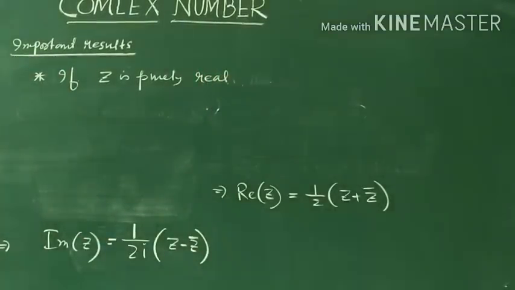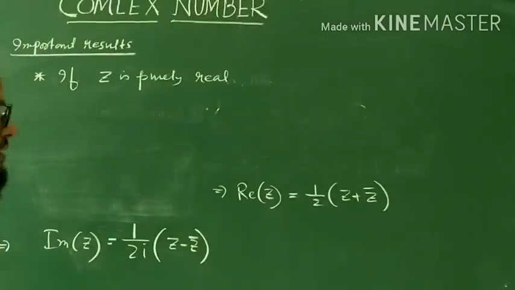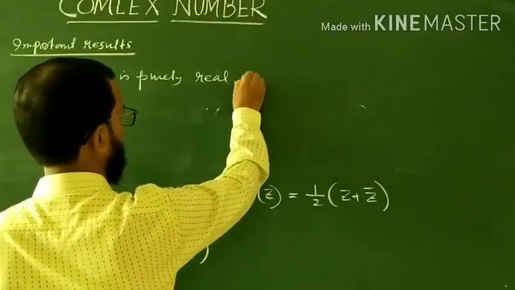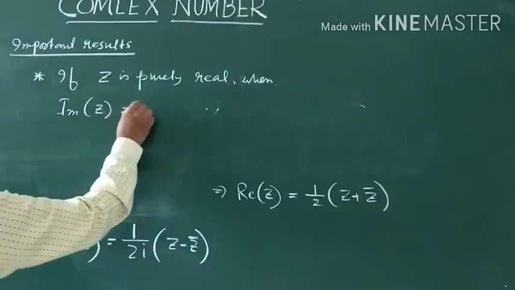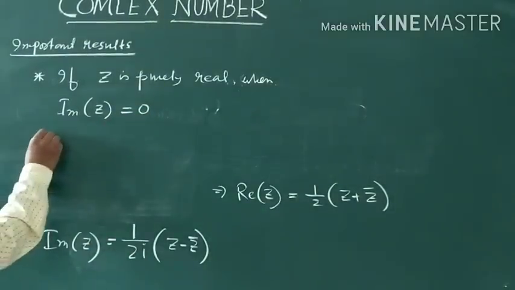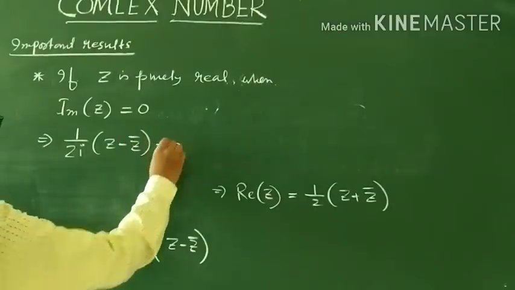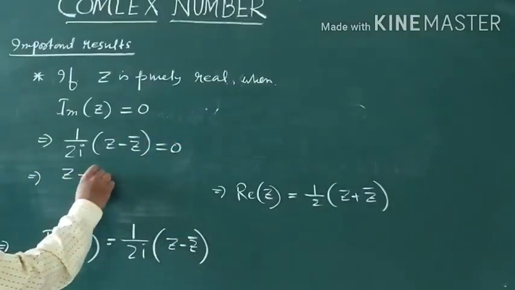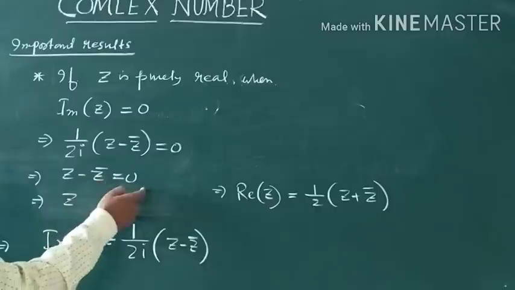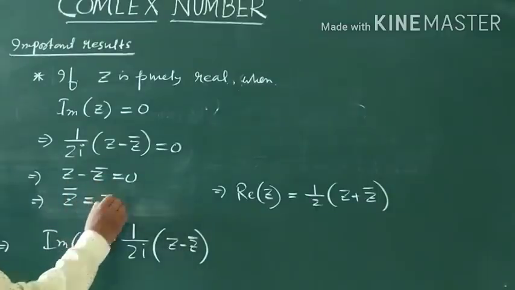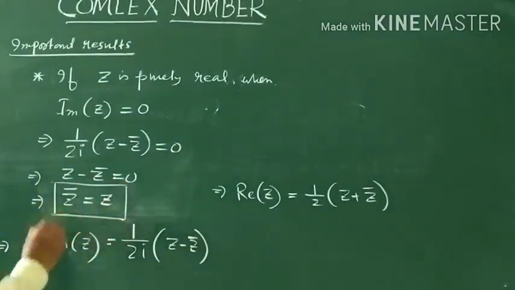I told you in the last class that a complex number z is purely real when its imaginary part is zero. So imaginary z equals 0. Imaginary z is 1 by twice i into z minus z bar, which equals 0. From here, twice i goes to the other side, twice i into 0 is 0, so z minus z bar equals 0, and z bar equals z. A very important result: if z is purely real, the condition is z bar equals z.